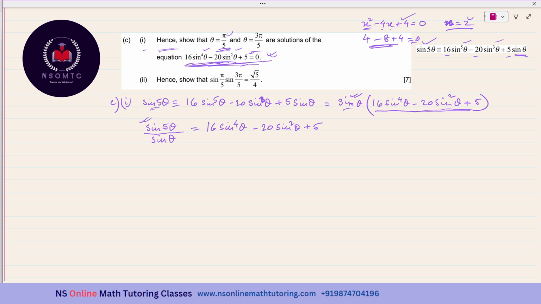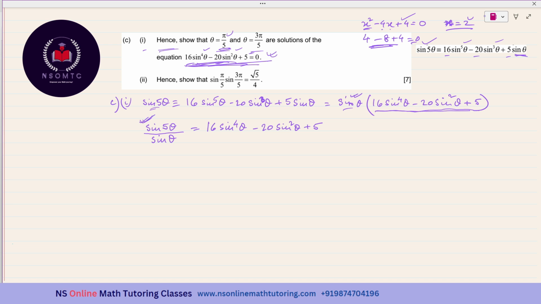Okay, so they are saying that theta equal to pi over 5 is a solution. So let us substitute pi over 5 in place of theta in this equation. Okay, but we are not having this equation. In fact, we are having this equation. So I'll be substituting pi over 5 over here in place of theta.